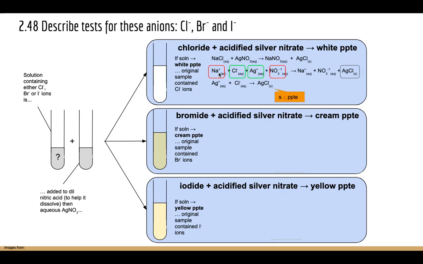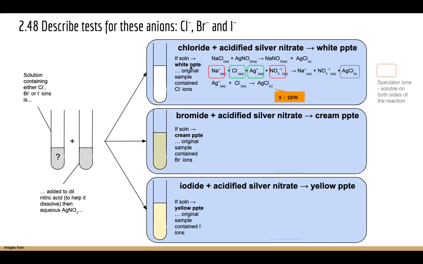Because all sodium salts are soluble, the sodium is not going to react with anything, and the same with the nitrate. The chloride and the silver, however, are different. Silver bumps into chloride and it's insoluble, so it sticks together and stays stuck together as a solid. And that's why we see a precipitate. And silver chloride happens to be, you guessed it, white coloured.